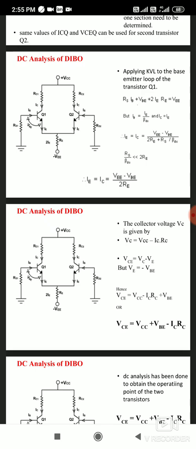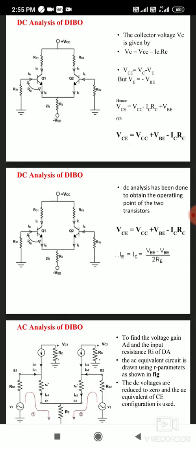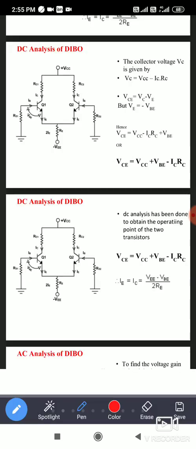So we have completed the DC analysis of the dual input balanced output differential amplifier. Now we can summarize this DC analysis. DC analysis has been done to obtain the operating point of the two transistors. As the transistors are the same, the DC analysis is also the same, and the operating points are also the same.